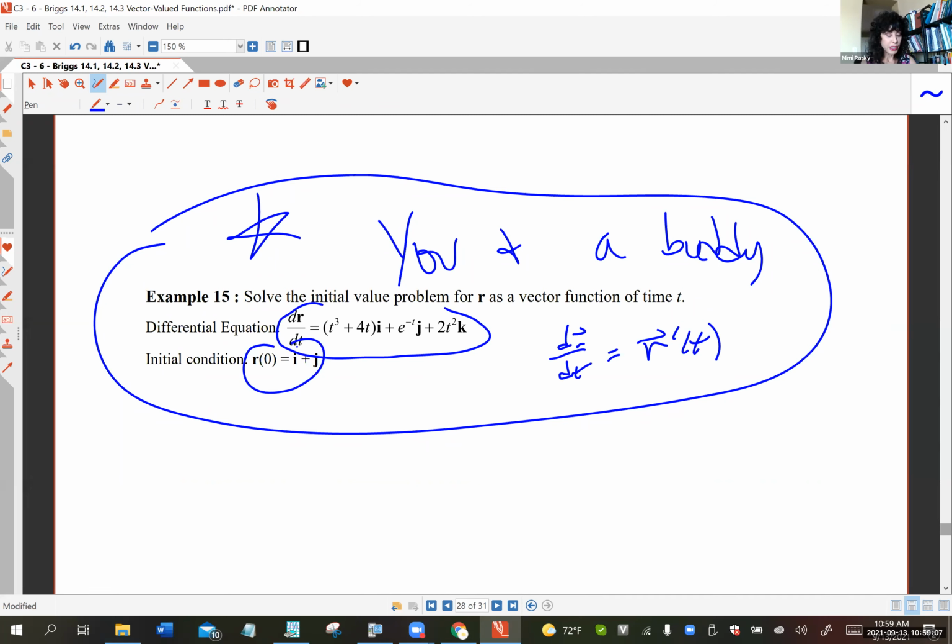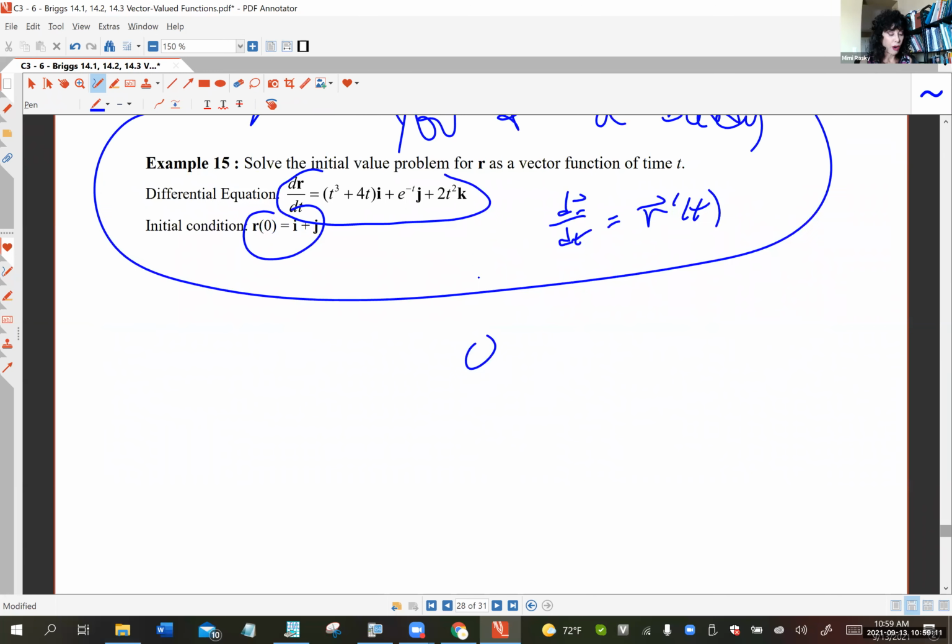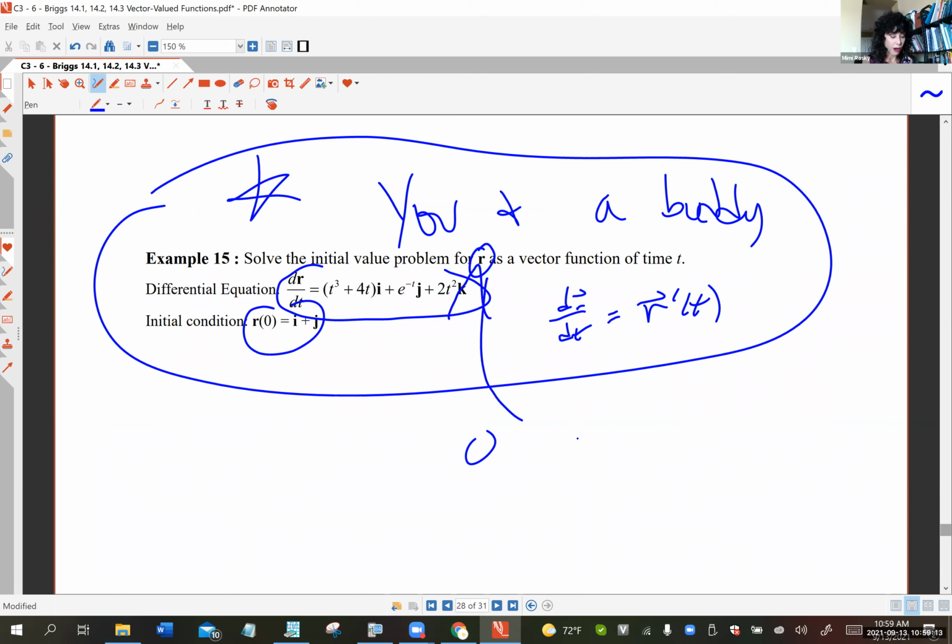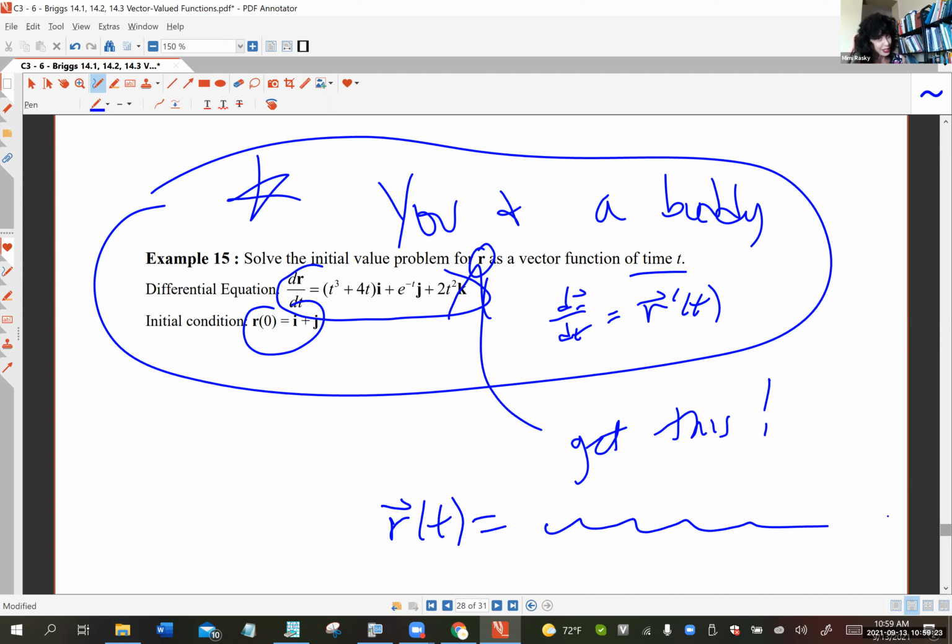Your job is to solve this initial value problem and get me an R. That's your goal. I want your final answer as a function of t, R of t equals stuff. Okay, so you and a buddy, I'm going to throw you in some breakout rooms here.